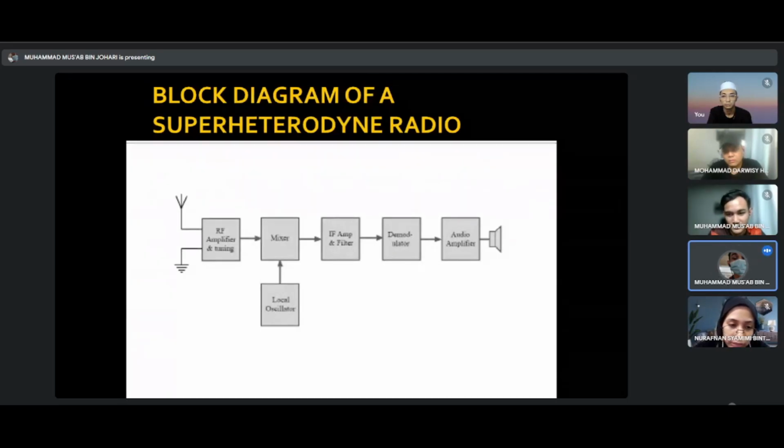And the last is the audio frequency amplifier. It will amplify the audio signal, then transmit the signal. And then we have a speaker. The speaker will convert the audio frequency into the sound wave.